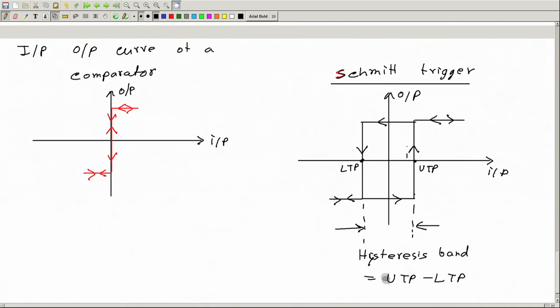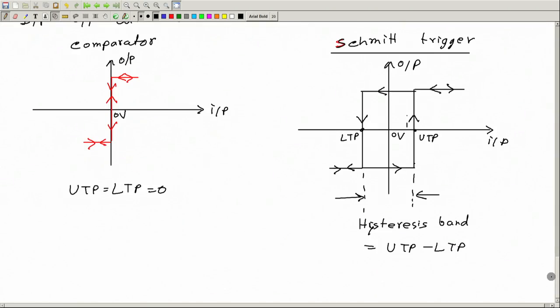Now, if you make upper trigger point equal to lower trigger point and both equal to 0, then this will become like this. So this is a special case. You can think that upper trigger point is equal to lower trigger point is equal to 0. This is 0 volt.